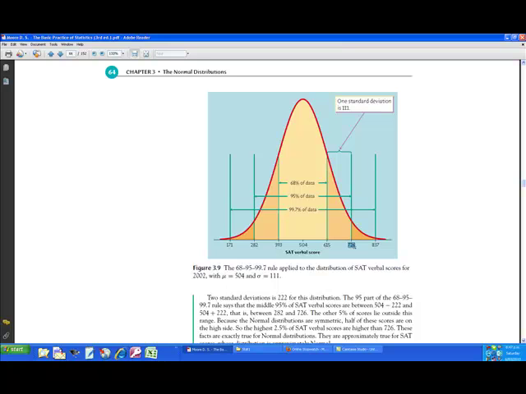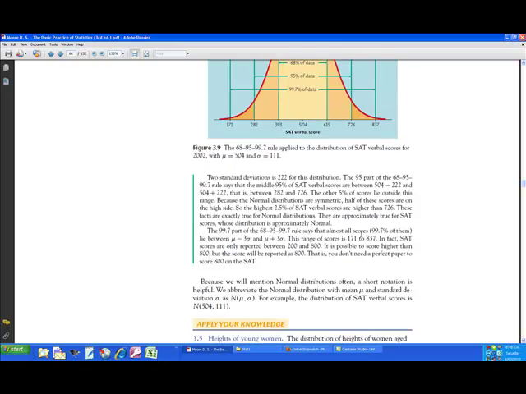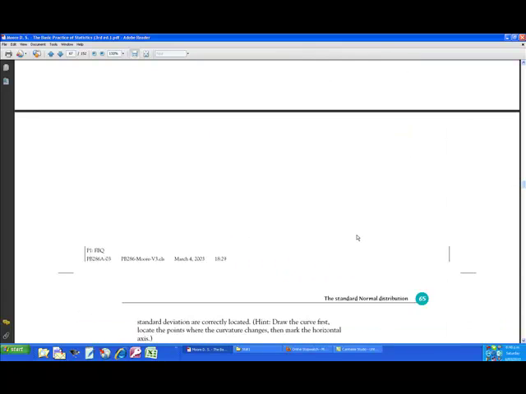So what do we do if, suppose, I wanted to know, just choose a number like 800 up here somewhere, 800. How can I convert that? How many standard deviations is that above the mean? I would take 800 minus 504 and divide that by 111. And that would tell me how many standard deviations above the mean 800 is. So that's what they do here, right?